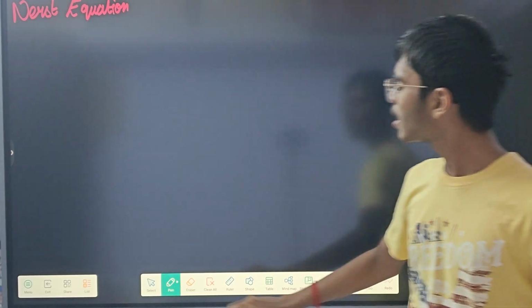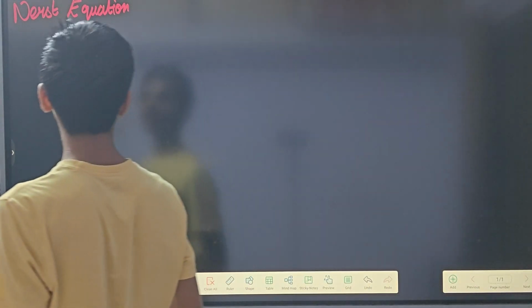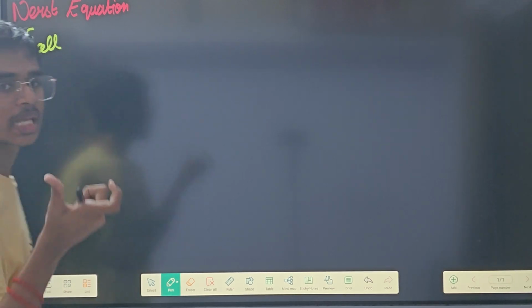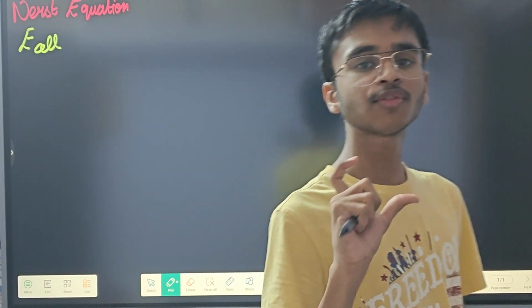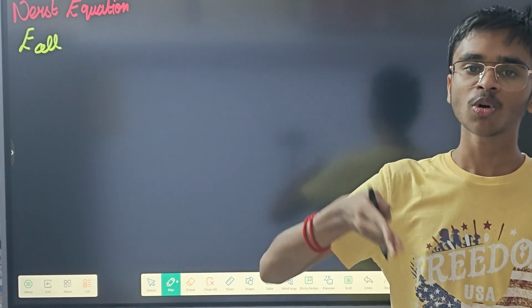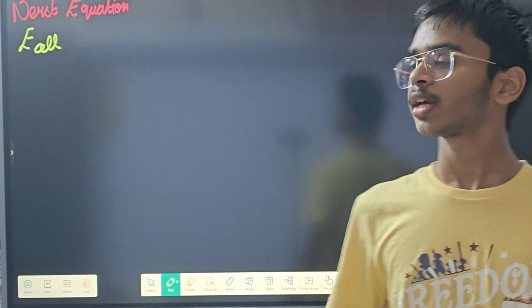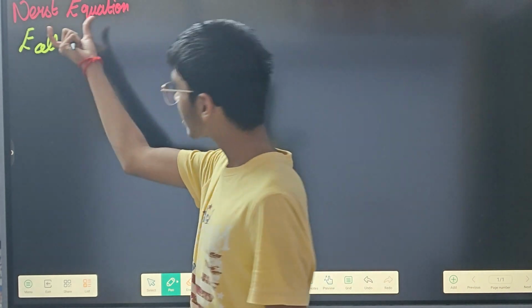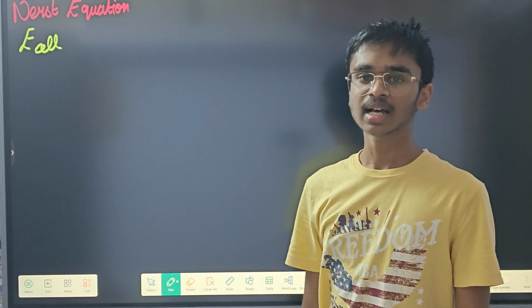The Nernst equation is used to calculate E cell, that is the EMF of the cell, the voltage of the cell, the force given by the cell to move electrons in order to produce electricity. To calculate this we call it the Nernst equation.